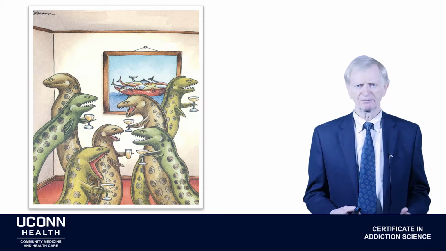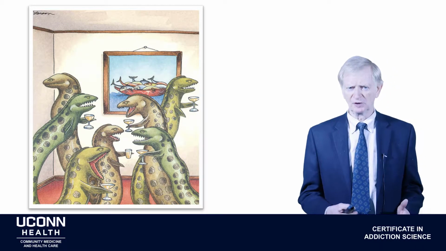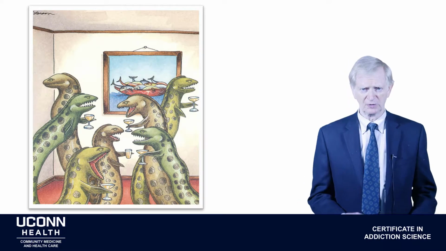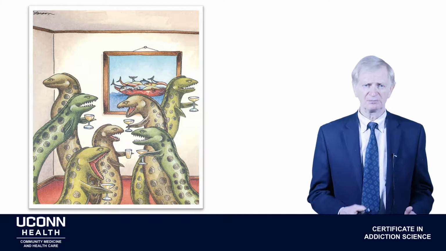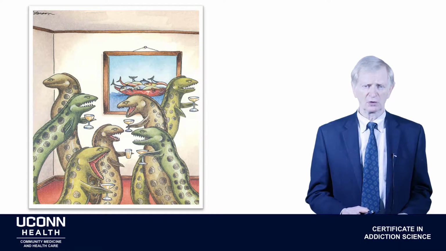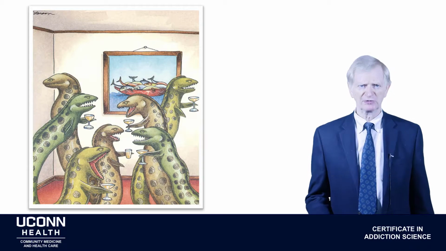And SBIRT is relevant to the full continuum of hazardous and harmful substance users, as well as those dependent. But in particular, the focus has been towards the early identification and prevention side.